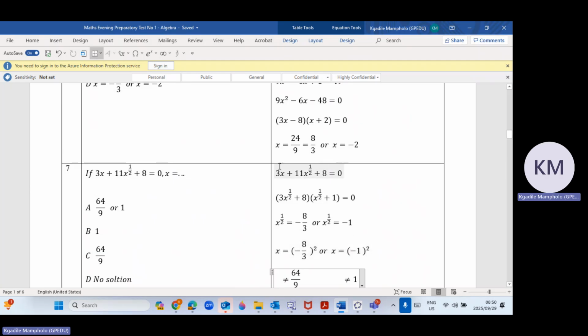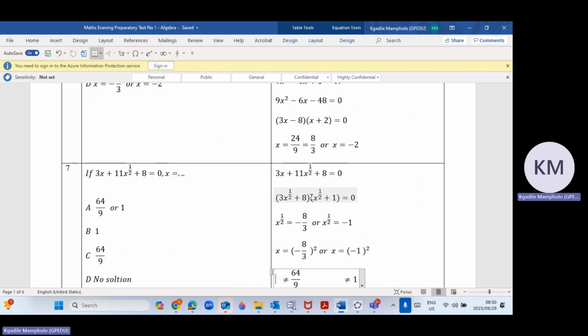Now, if you substitute these values into the original equation, they will not satisfy it, because left hand side will not be equal to the right hand side. The reason why we substitute is that when we deal with square roots, we must check whether the values satisfy the original equation. If they don't, then you reject them.